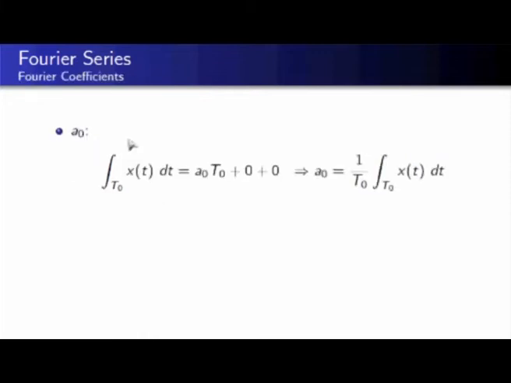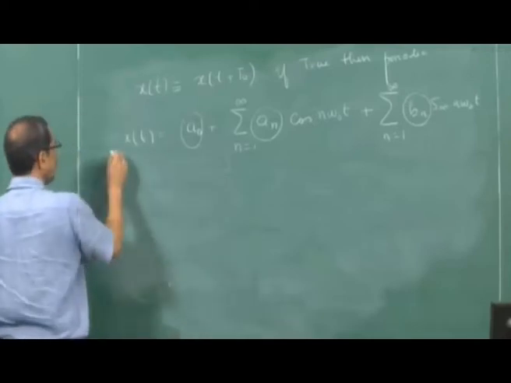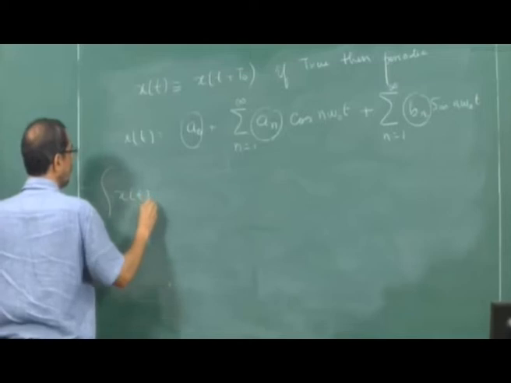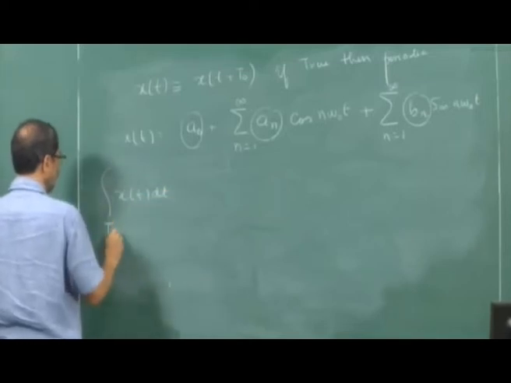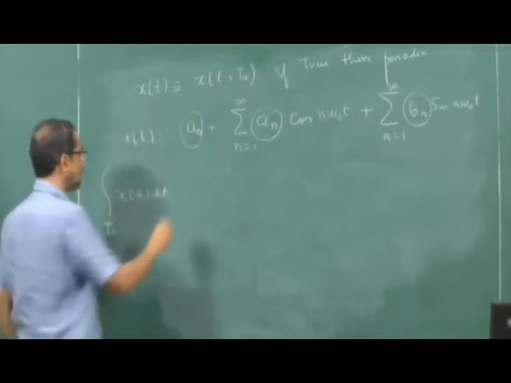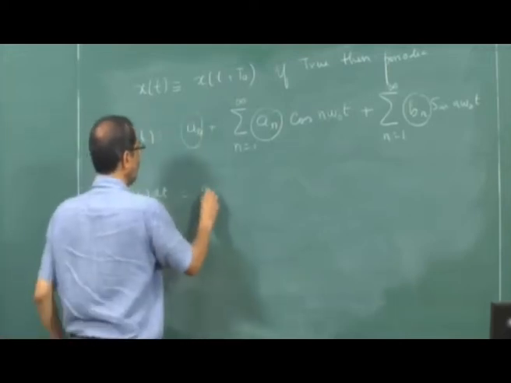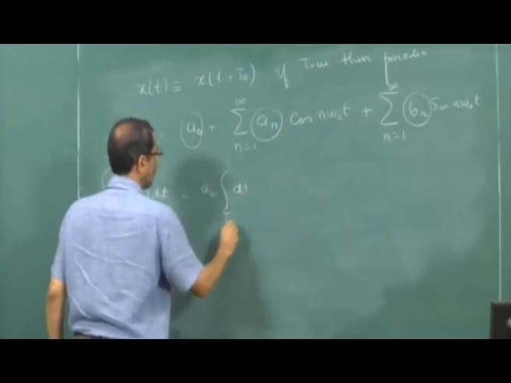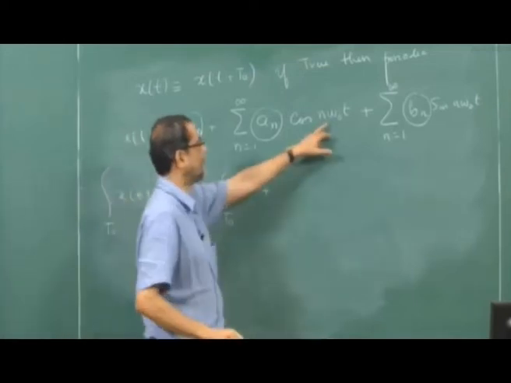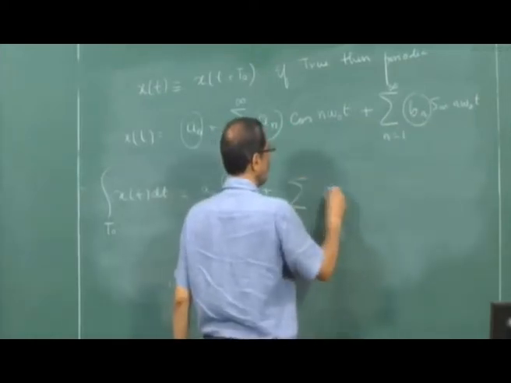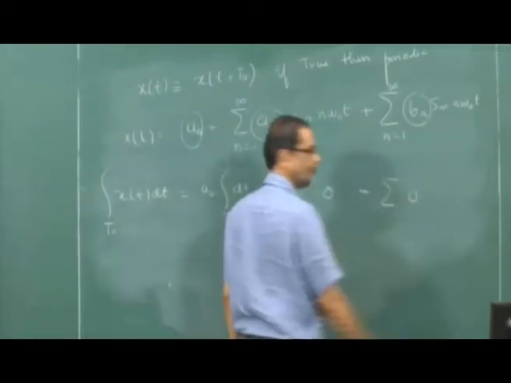So you can now show that if you integrate on both sides, if you perform x of t dt over one period, I will show that as T naught. If you do the integration, then this will be a naught into dt over T naught. This will integrate to 0, this will integrate to 0. So I will get summation of 0 plus summation of 0.